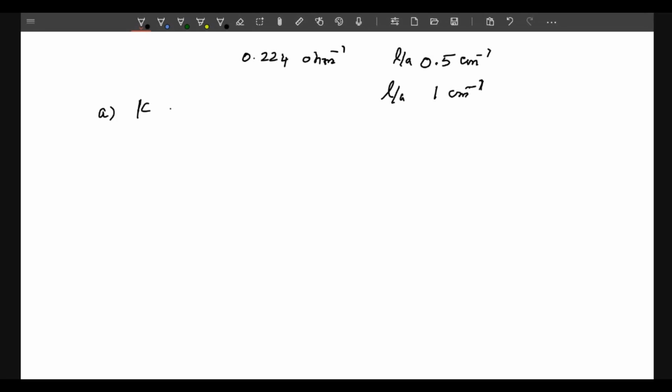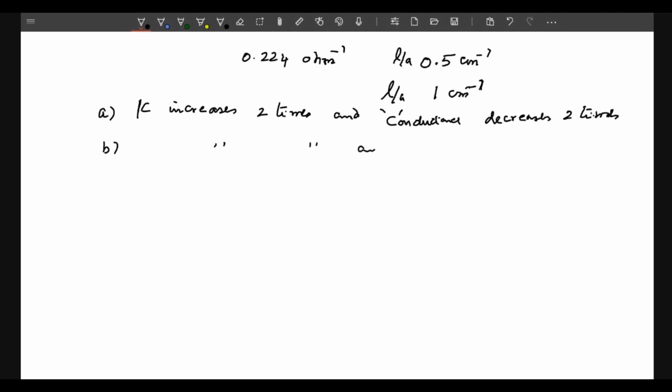kappa increases 2 times, and conductance, that is C, conductance decreases 2 times. B, kappa increases 2 times and conductance increases 2 times.